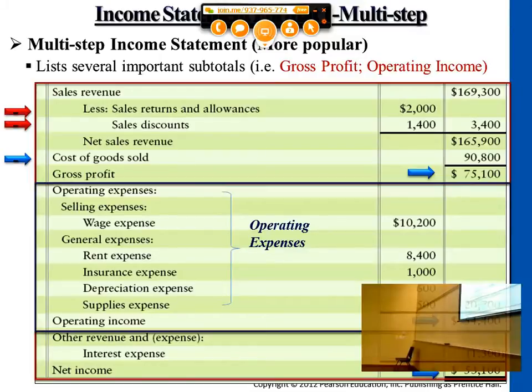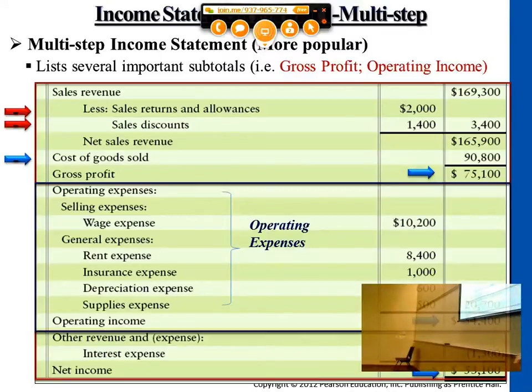But in case there are also other minor expenses and revenues not related to daily selling or purchasing transactions, then we put them under the last category. After subtracting, or adding, we get to net income. So there are three main sections. The first one solely relates to inventory purchases and inventory selling, not considering other expenses.